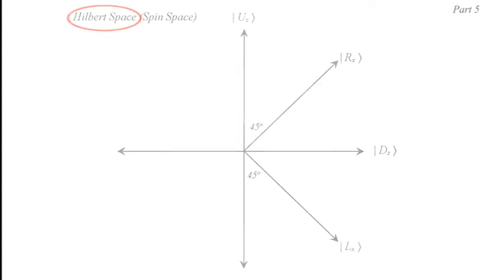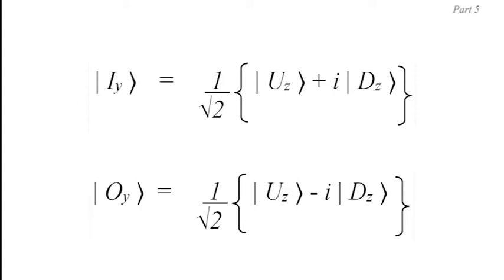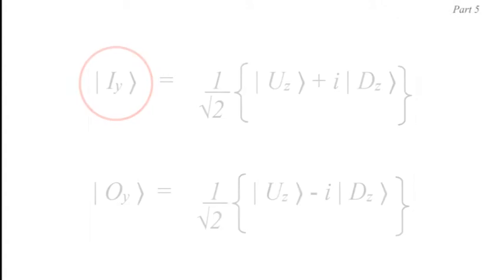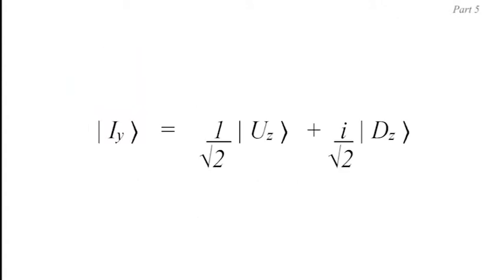Once again, of course, as in the case of the left and right states, the coefficients of the up and down components of these in and out states have a great deal of significance. Take, for example, the in state, which I'll show in this form. Looking at the two coefficients, we can see that the state is normalized. This means that the sum of the squares of the coefficients is equal to 1.